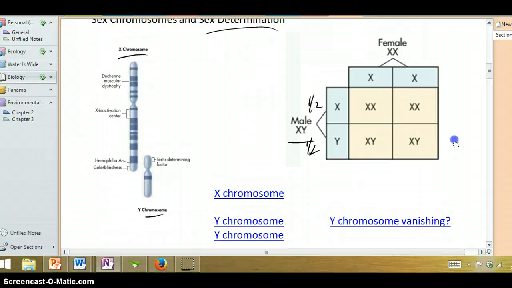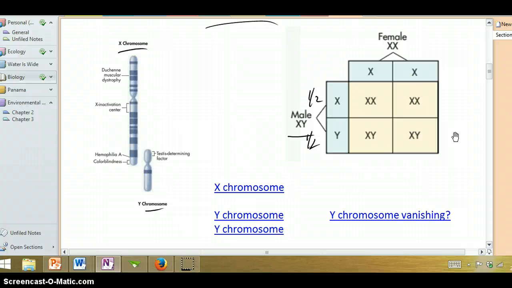I have some links here to the X and the Y chromosome. And notice this one here, the Y chromosome vanishing. There have been some hypotheses about the Y chromosome having gotten smaller over evolutionary time. And there are some examples in animals of species that have lost the Y chromosome.